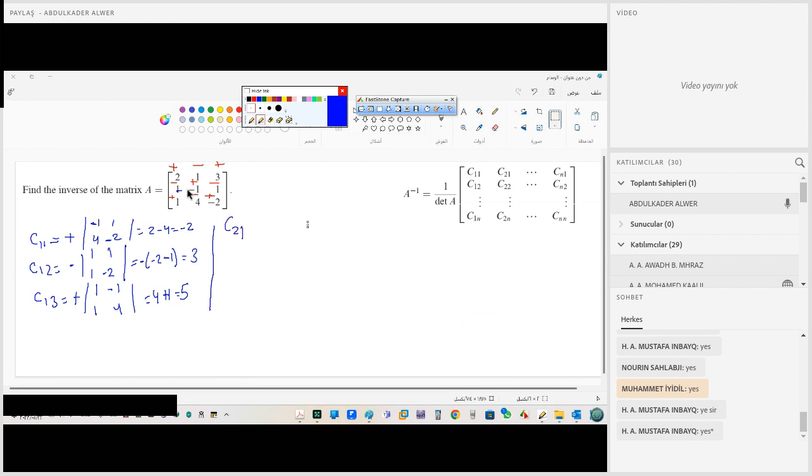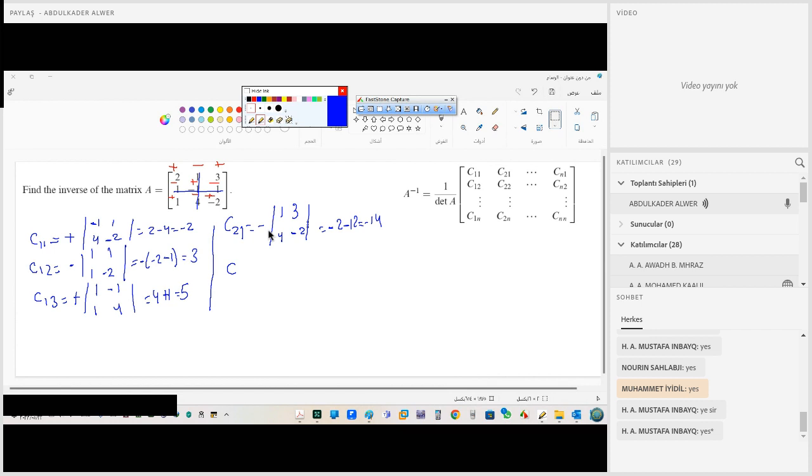C21. This is the C21. Cancel this, it's minus. Here, 1, 4, 3, minus 2. Minus 2 minus 12 is minus 14. Cancel this, this is minus.